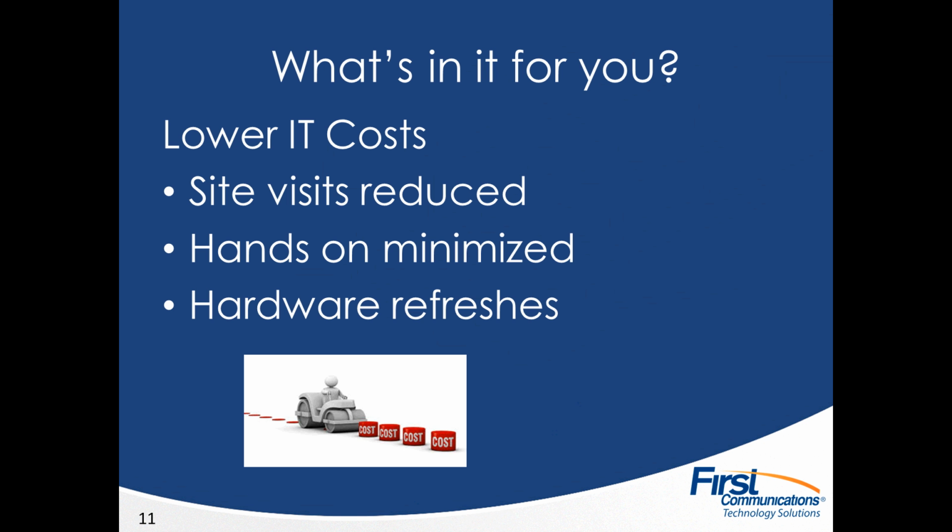OpEx is greatly reduced as truck rolls for installation and upgrades are eliminated, hands-on time at the branch sites is minimized, system scalability is assured without hardware refreshes. Basically, the edge devices are built to scale, take on the additional action, the additional bandwidth, the additional traffic.